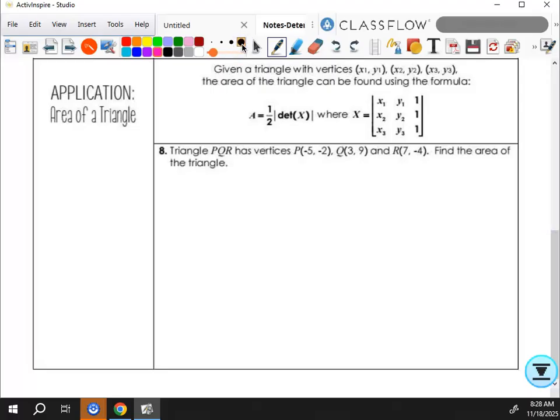So if I have a triangle in the coordinate plane, so let's just say I have these three random points, right? And I connect them. If all I have are their coordinates, then if I want to find the area of the triangle, the area formula we all know and love is 1/2 base times height, right? Which I could totally do.